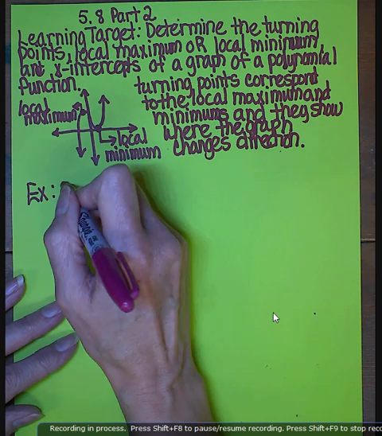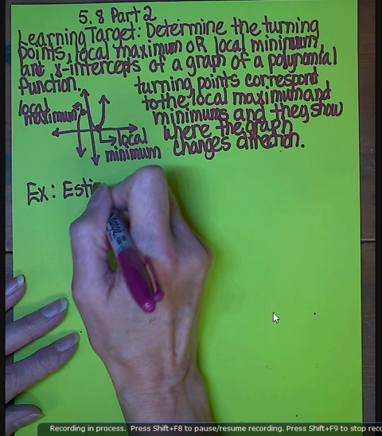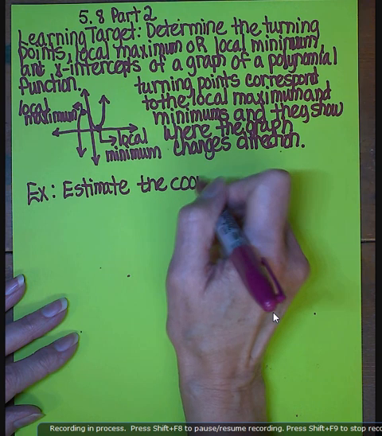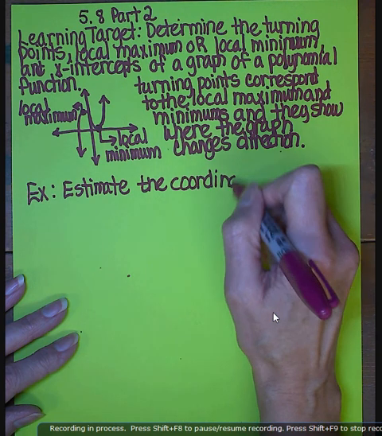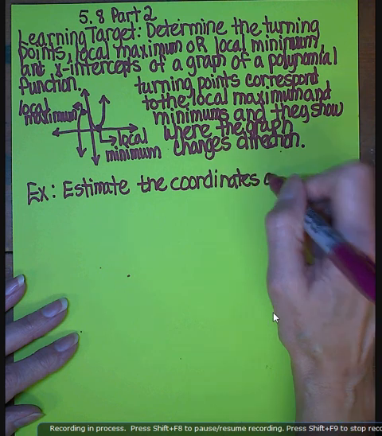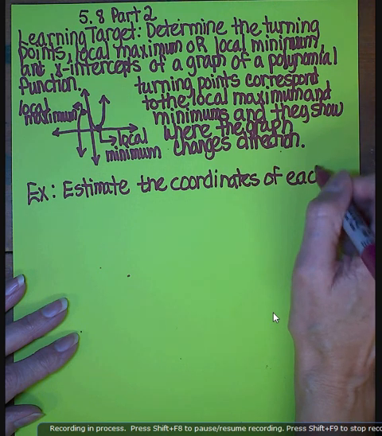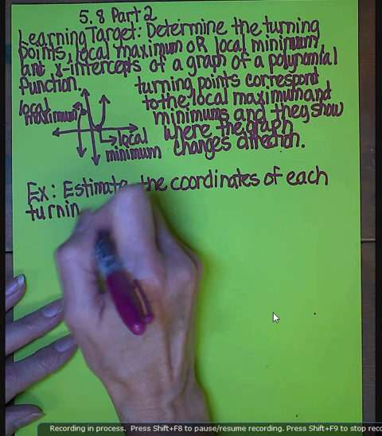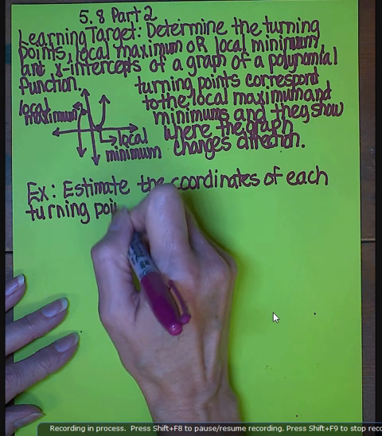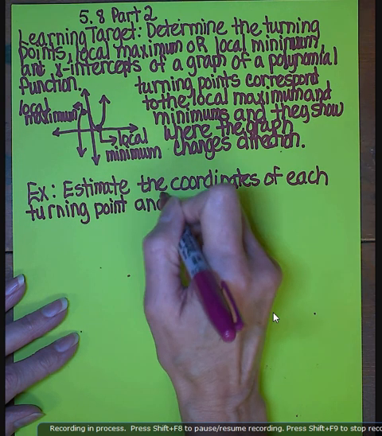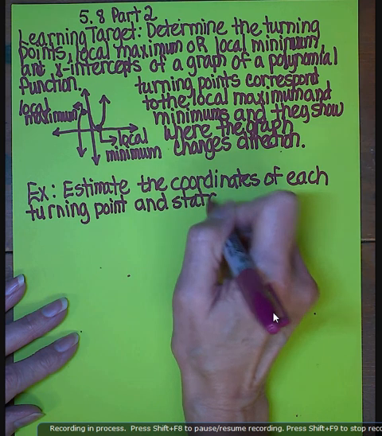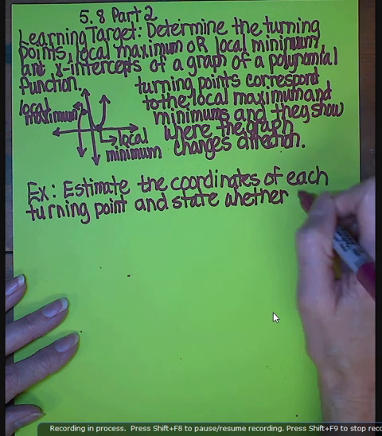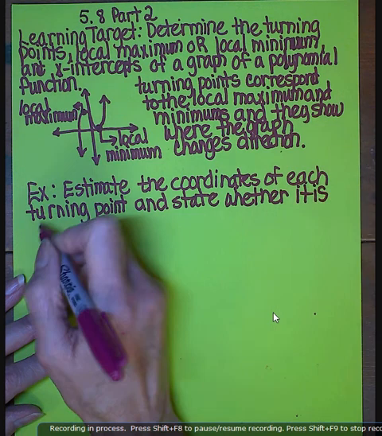So the problem will ask you to estimate the coordinates of each turning point and state whether it is a local maximum or minimum.